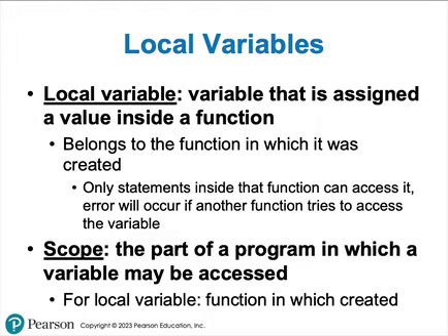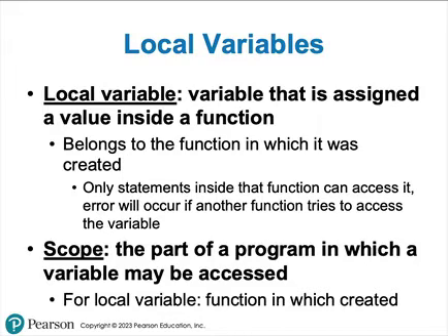We have this thing called scope of variables, and I like to think of it as where a variable can be seen. I think here in the middle they say it's where a variable can be accessed, which are, to me, the same thing. So you can have a local variable that only exists inside a function.